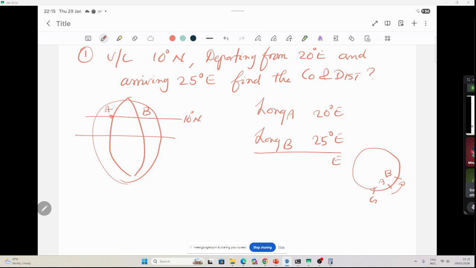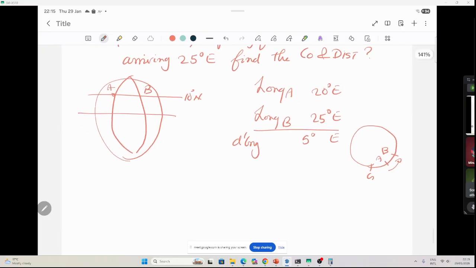So the D long is how much? 5 degrees east. But as I told you, you cannot use degrees. Now, what is the course in this case? 10? 10 degrees? The course cannot be 10 degrees. Latitude is 10 degrees.